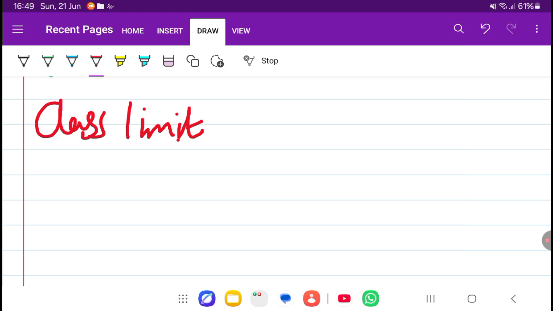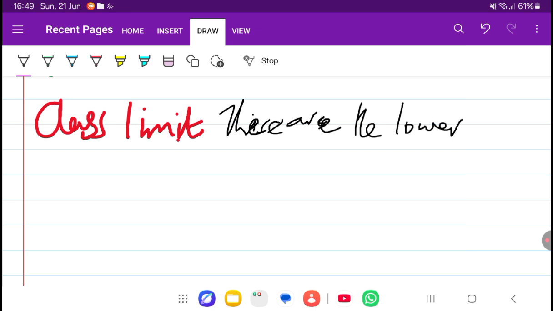Let me write it: these are the lower and upper values.